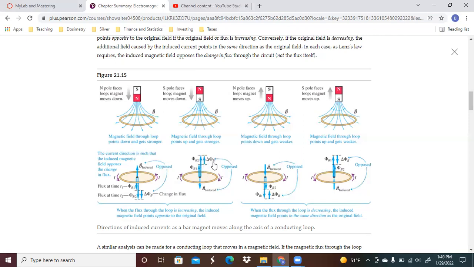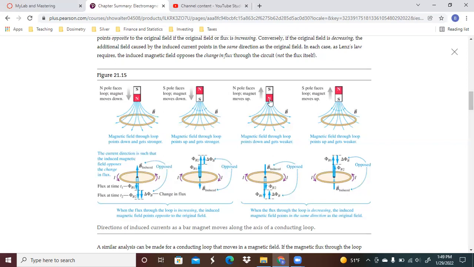So your change in the magnetic flux is going to be this. You need a current pointing in the opposite direction in order to be able to stop that, or at least try to resist it. If your induced magnetic field is pointing in this direction, if you take your right hand, point it down, and then see which way your fingers curl, your fingers will curl in this direction, and this is the direction of the current.